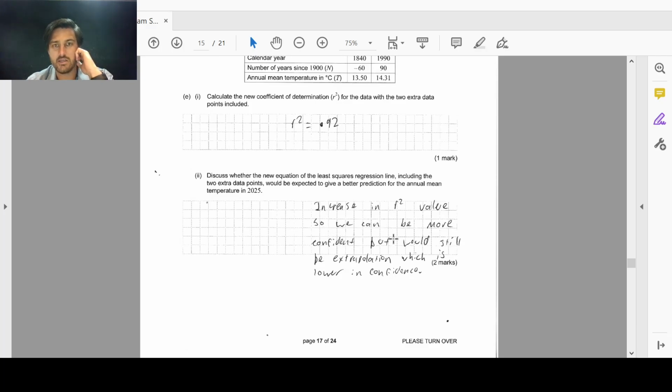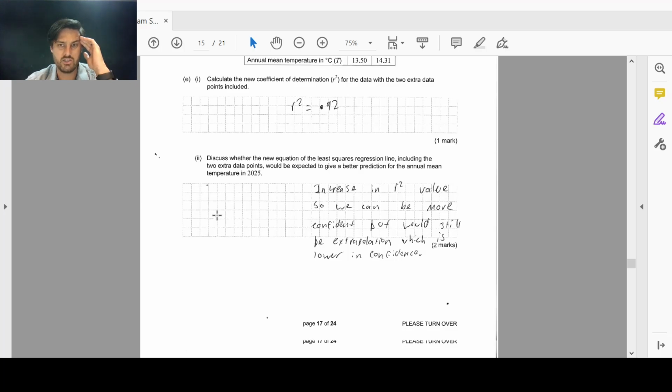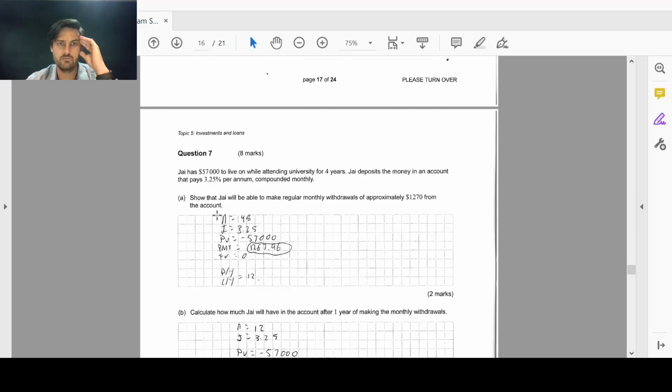What I've said here, though, is that because it is extrapolation, we have to have a little bit less confidence, even though the R-squared value is quite strong. I kind of put that in there just to add a bit of extra depth, but I'm pretty sure if you just said it's got an increase in R-squared value, so we can be more confident about the prediction, that would have got 2 marks.